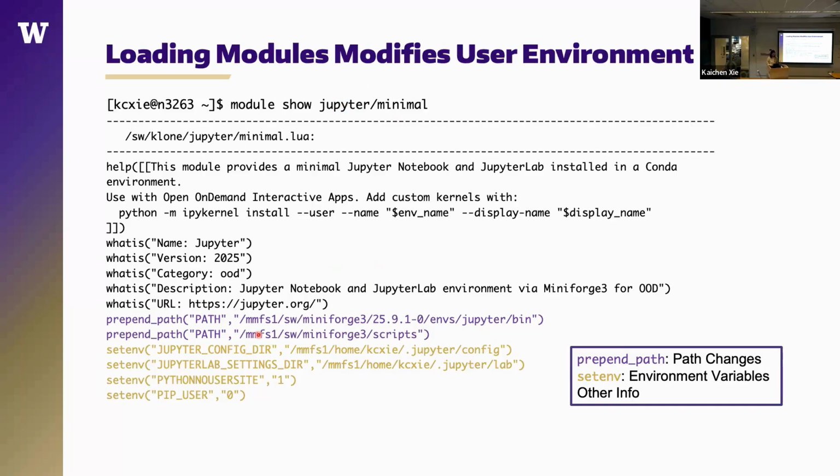There are mainly two types of changes applied: the change to the PATH variable, and the setting of environment variables. Those will change the path that the system searches for binaries or executables, and also change the library path that the system will search.